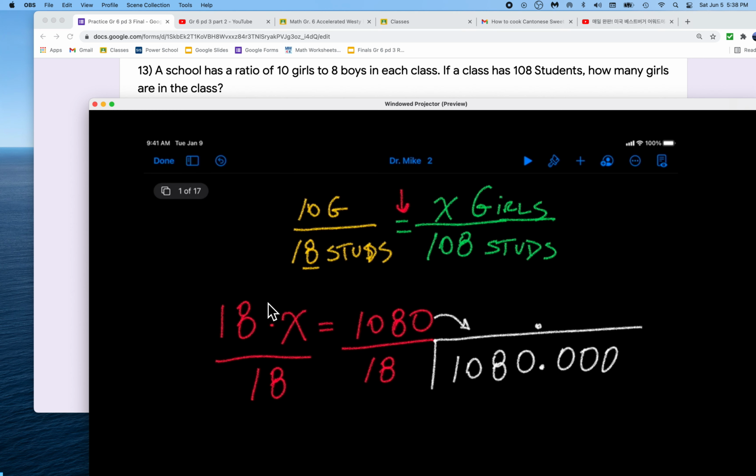Okay, that's how I set up every division problem. The numerator drops inside the box.